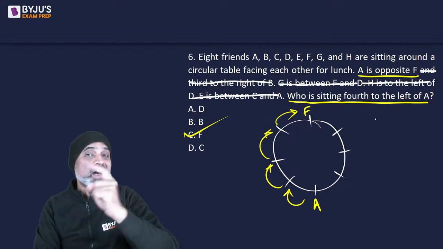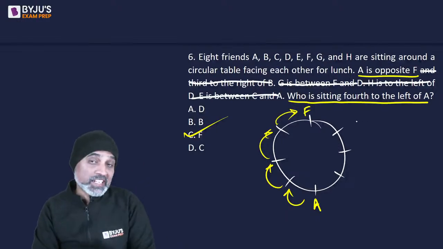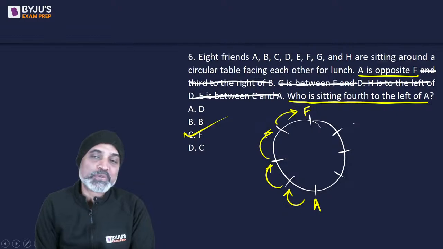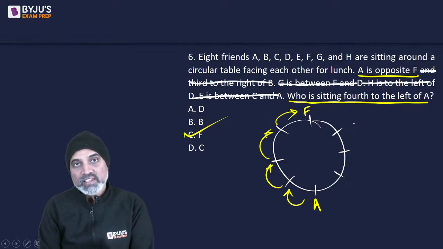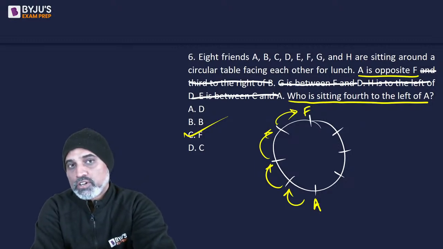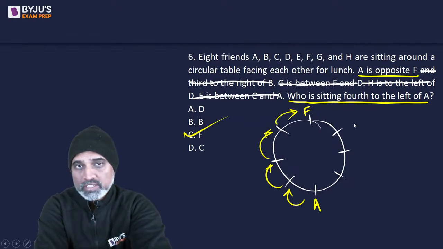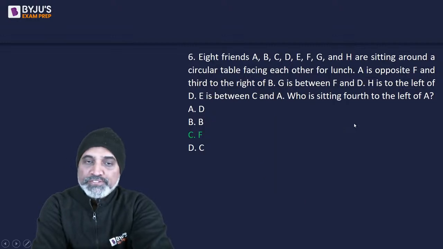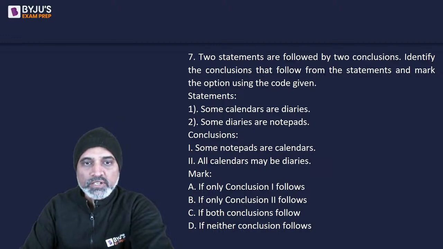The question asked us the relationship between A and F, and the very first statement tells us the relationship between A and F. Wasn't it this easy? Right? Where does the other person sit, or where do other people sit? Koi lena dena nahi. We don't care about it because that's not asked. F.